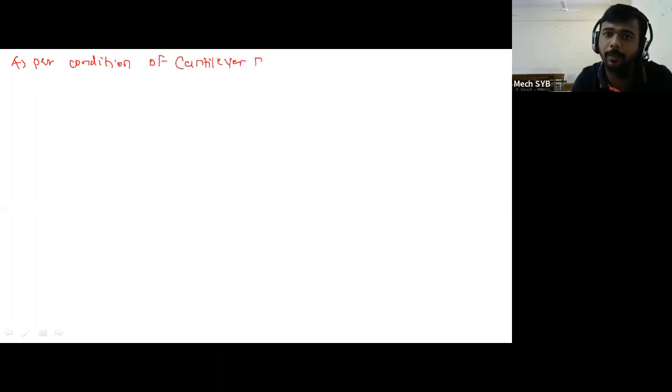So as per the condition of cantilever beam, what is the M formula? WL square upon 2.